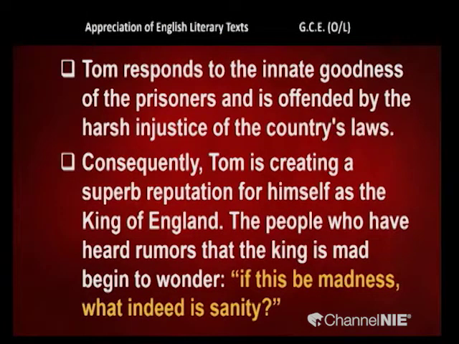Consequently, Tom is creating a superb reputation for himself as the King of England. The people who have heard rumors that the king is mad begin to wonder. This is what they say: if this be madness, what indeed is sanity? So, in the next video clip, you can see Tom Canty's judgments as the prince.